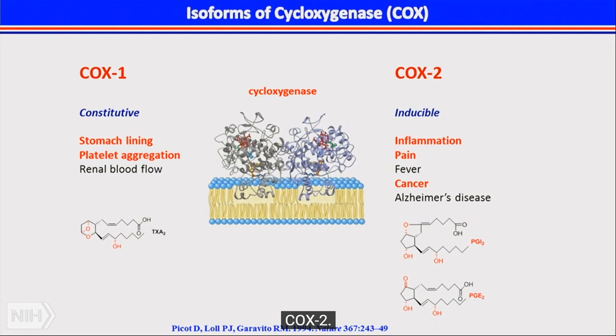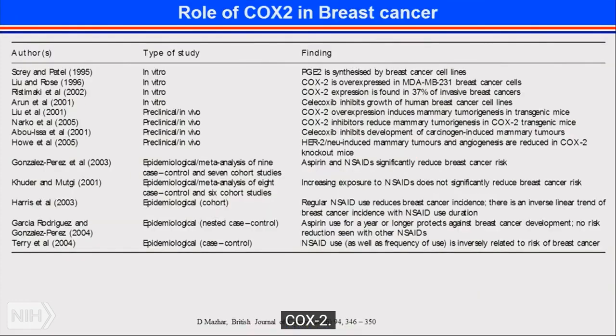On the other hand, COX-2 is the inducible isoform, mostly responsible for various pathophysiological processes, some of which are inflammation, pain, and cancer. These are the different publications which have come out showing the role of COX-2 in breast cancer.